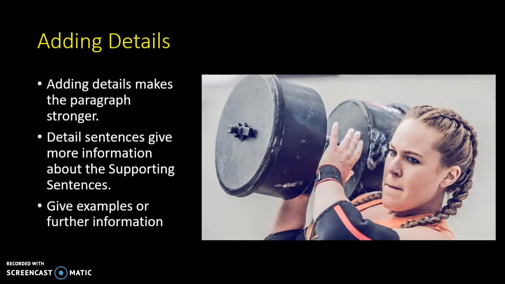A detail sentence adds details to make the paragraph stronger. And it really adds to the supporting sentence. Really more like a supporting sentence or supporting sentences. This gives more examples or further information to support your supporting sentence.